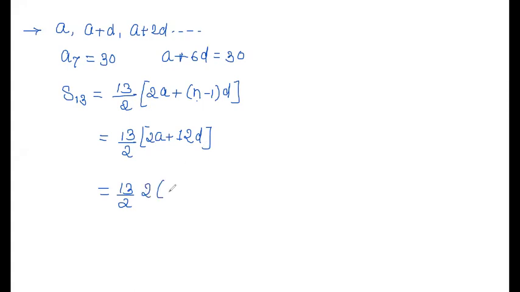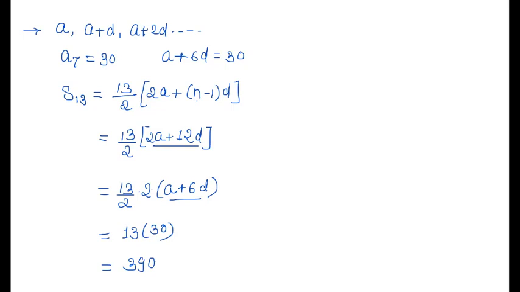Taking 2 as a common term from the bracket, we get 2 into a plus 6d. But as we know that a plus 6d is equal to 30, the 2 cancels, and we have 13 into 30, which is 390.